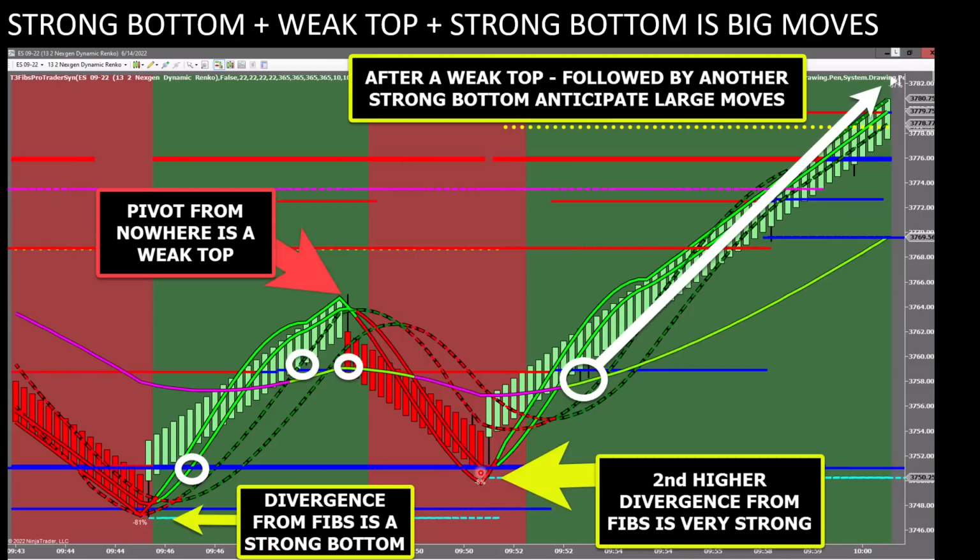And then we get to a termination condition, which is a blue fib, but the triggers roll to the upside, right? It holds.